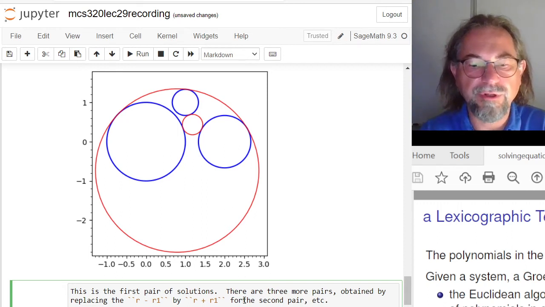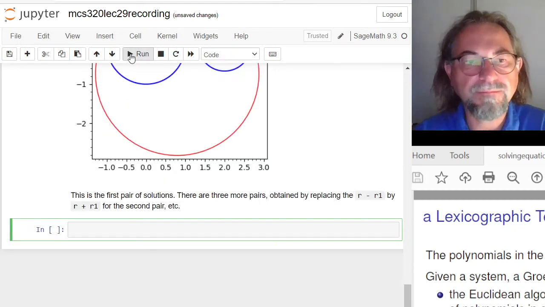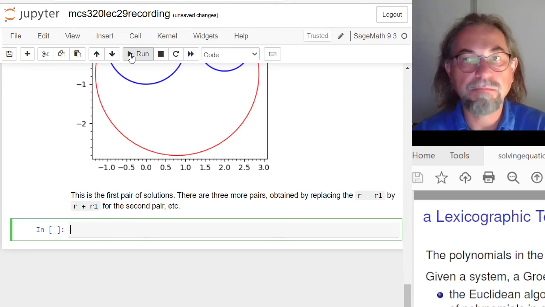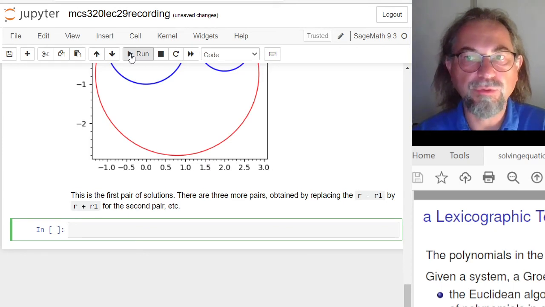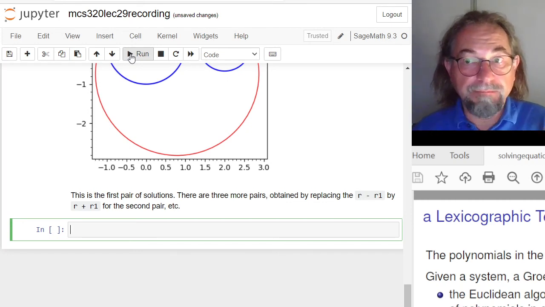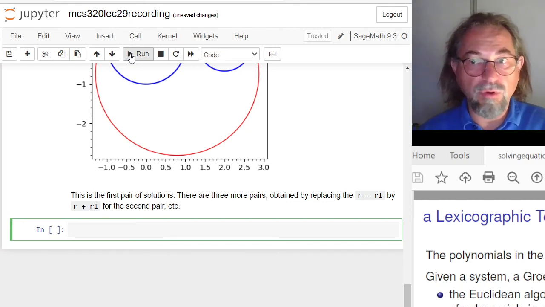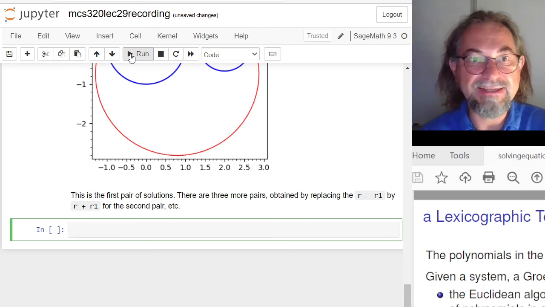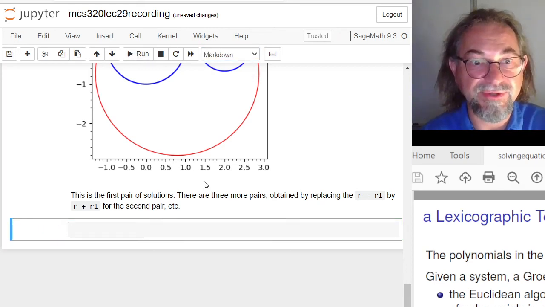If you want the third pair, you replace R minus R1 by R plus R1, but also R minus R2 by R plus R2. So you change the second equation, and then do the same for the third equation. If you do the solving, you will always get two other solutions, and you can validate them by making the plot. So that is the exercise, the second exercise, other than the animation.